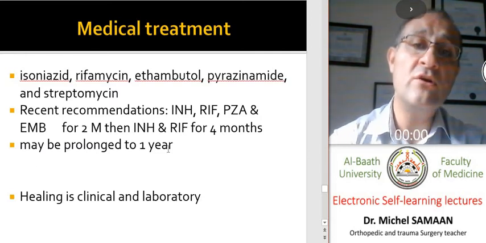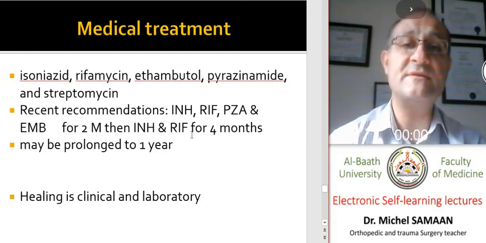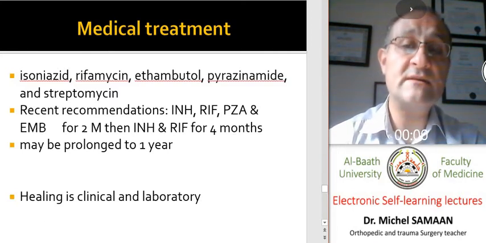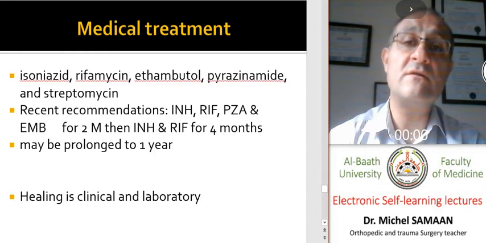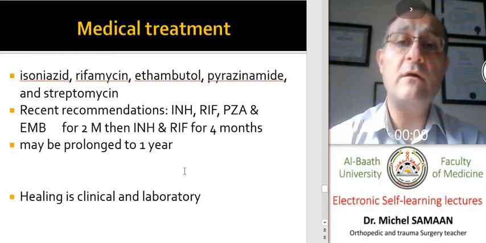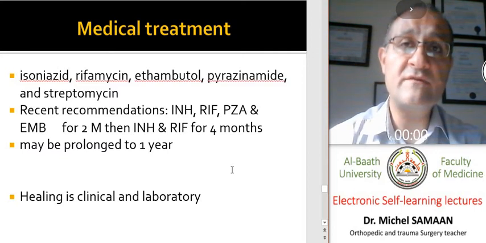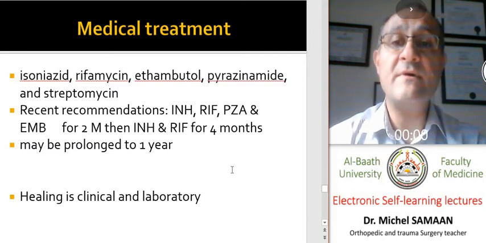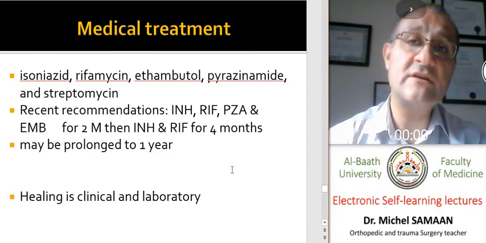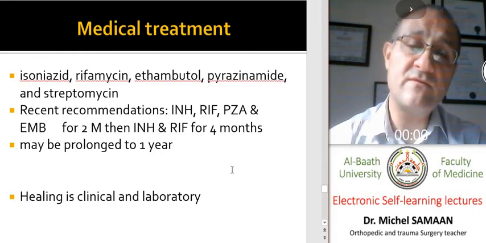Then we continue for 4 more months with isoniazid and rifampicin. And sometimes it may last even 1 year, especially in the spine. The end of treatment is usually judged by laboratory and clinical findings, and sometimes the radiological changes may last for a longer time.